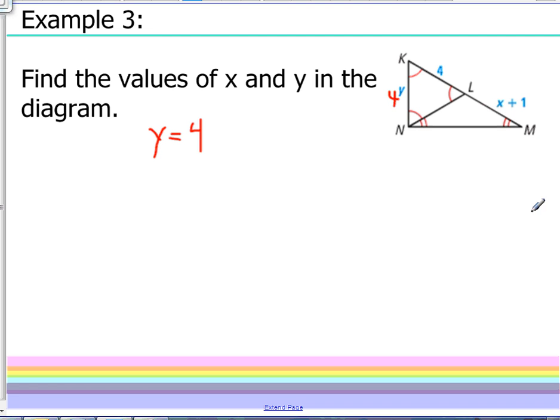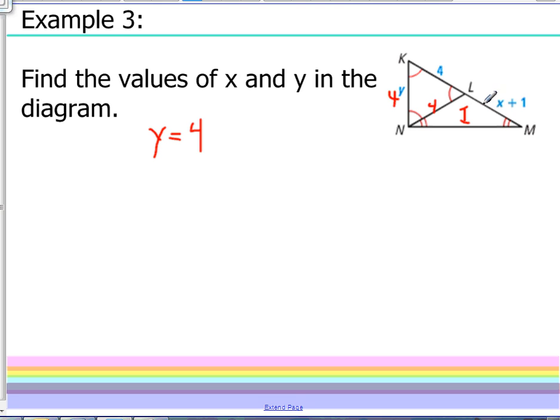Now with that, I can say, well, I have x plus 1 is this side of my LMN triangle. And by looking at it, I can see I have two equiangular angles here. So that means that this particular triangle is an isosceles triangle, which then means that the opposite sides, according to our theorems, are congruent. So if this side is 4, then this side is 4.